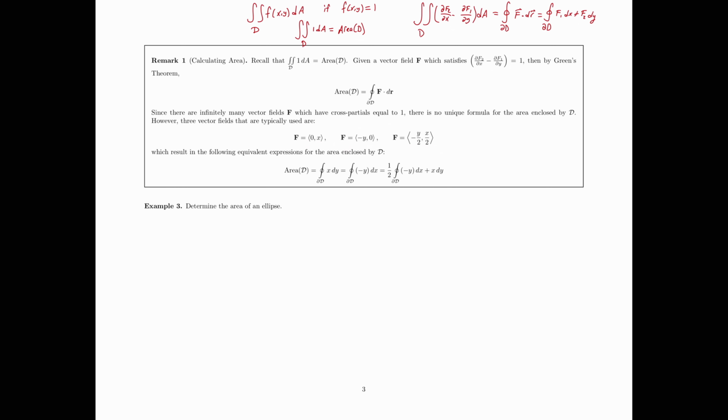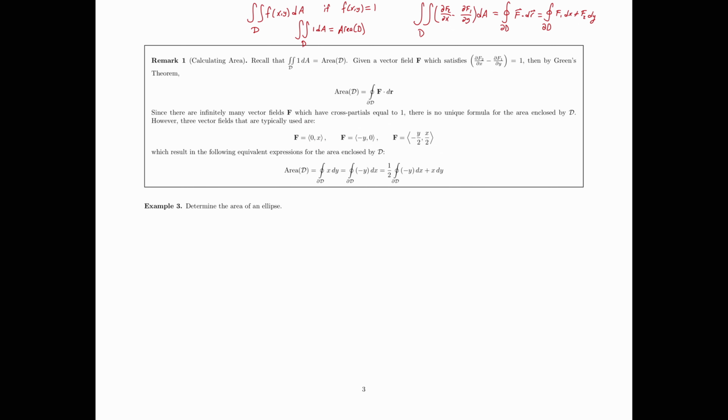It doesn't matter really which one you use. Sometimes one might be easier than the other, but you're not necessarily going to know that until you do it. So for this problem, we're going to use one of these fields. It doesn't matter. Let's just pick the first field to keep it simple.